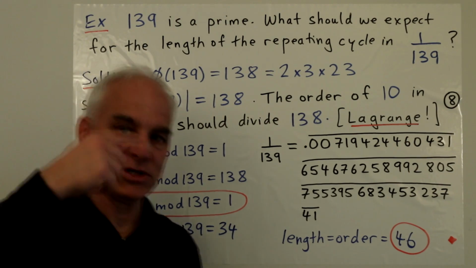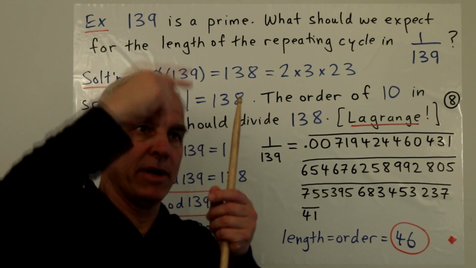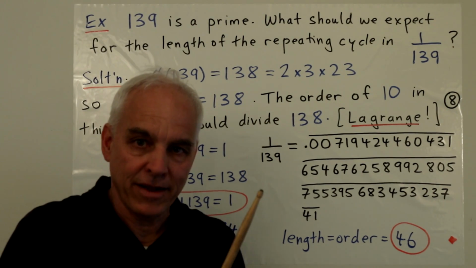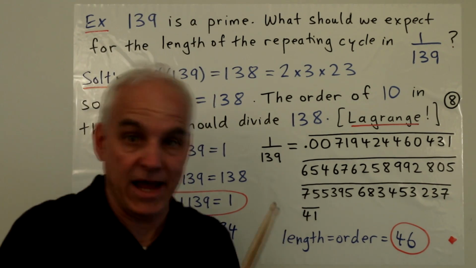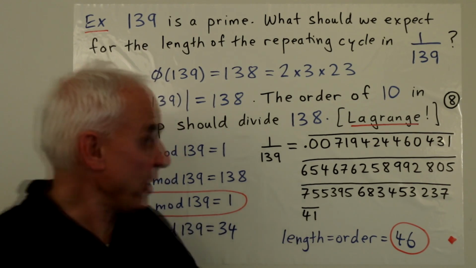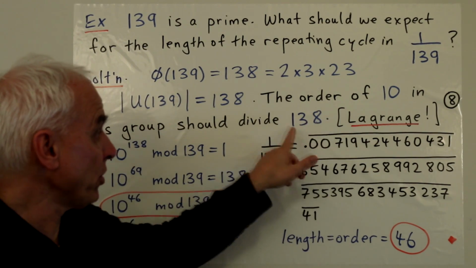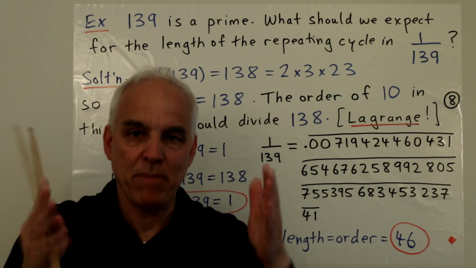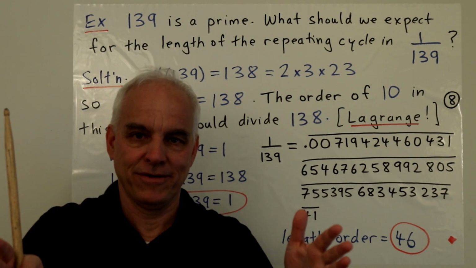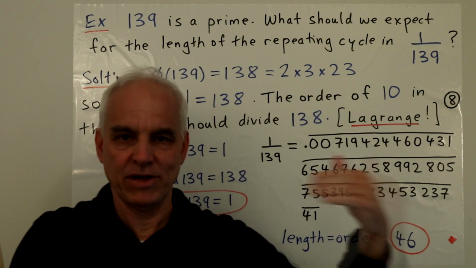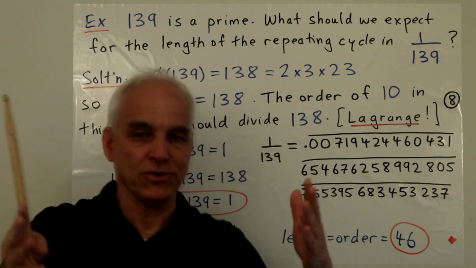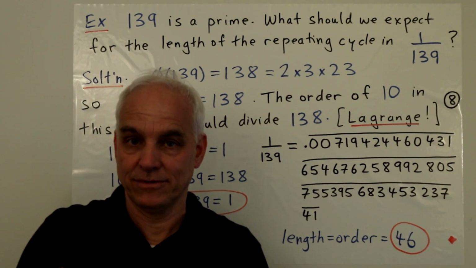If we look at powers of 10 and ask ourselves how many powers we have to go before we finally get back to 1, that's exactly the order of 10 in this group. And according to Lagrange, that order should divide 138. That's a very powerful piece of information. And we've seen that in previous examples in the last video. But now we have a kind of group theoretical understanding or explanation of it.